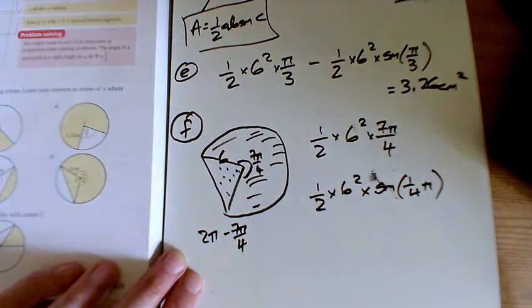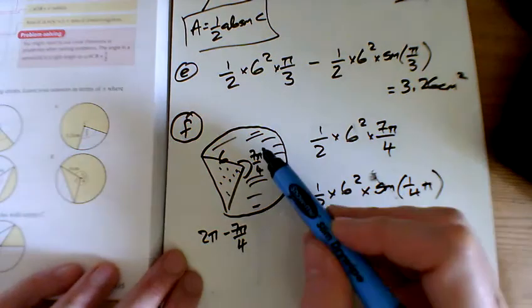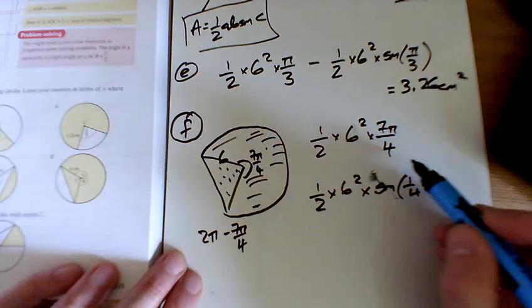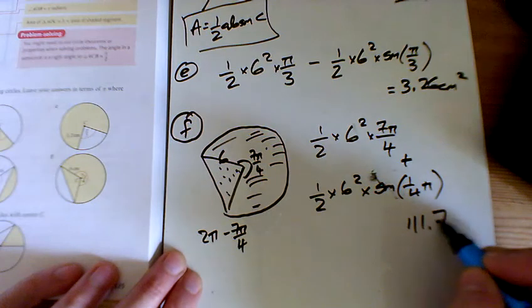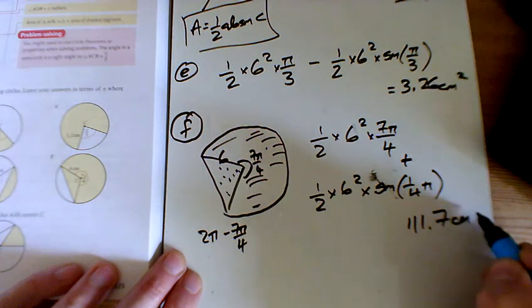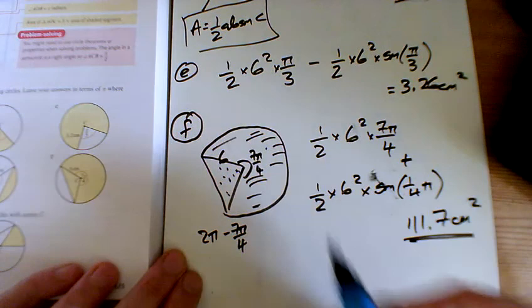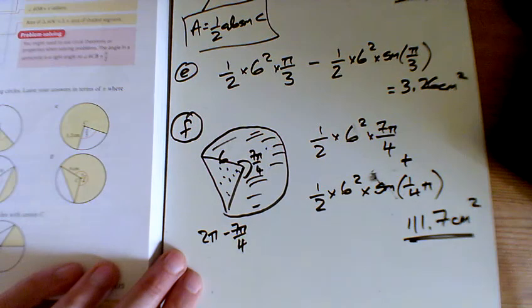So it would be that. Now we want to do the sector plus that bit there. So if I add those two bits together, I get 111.7 centimeters squared. And so there's multiple ways of doing that, but that's nice because it's different to the others.